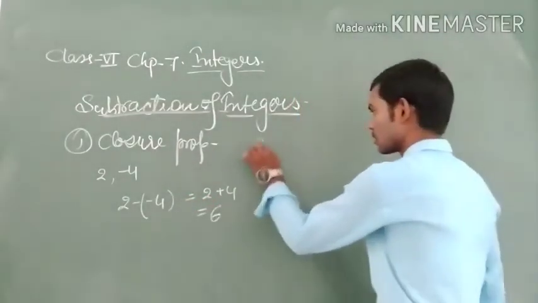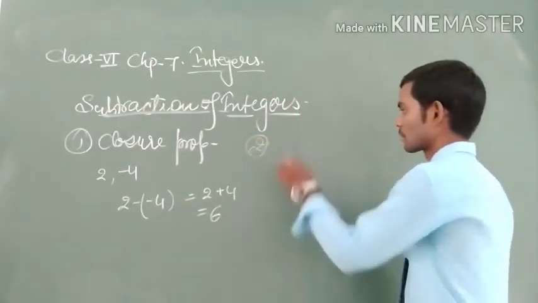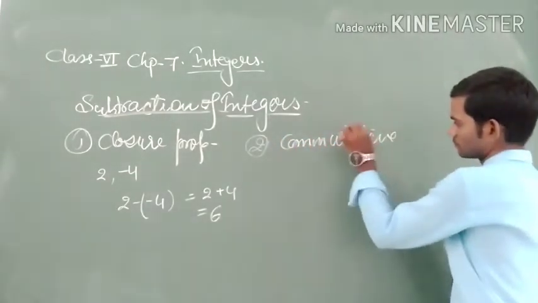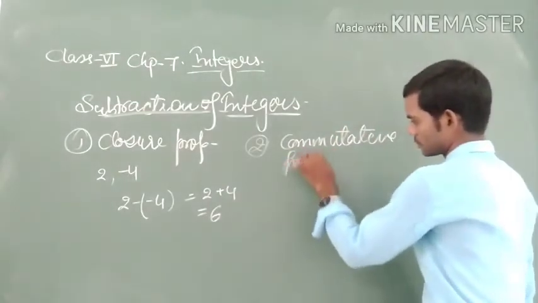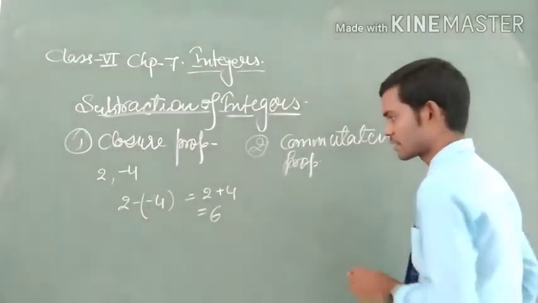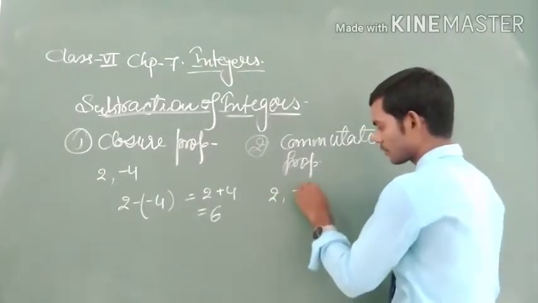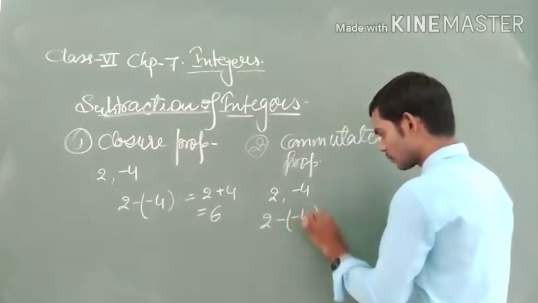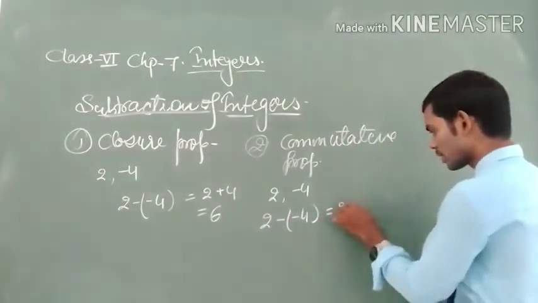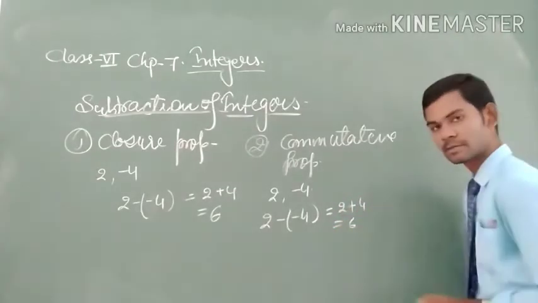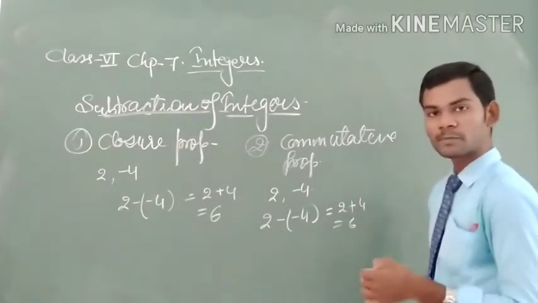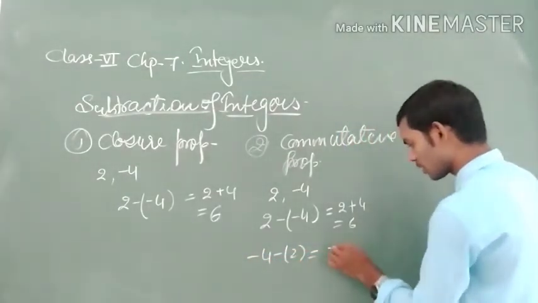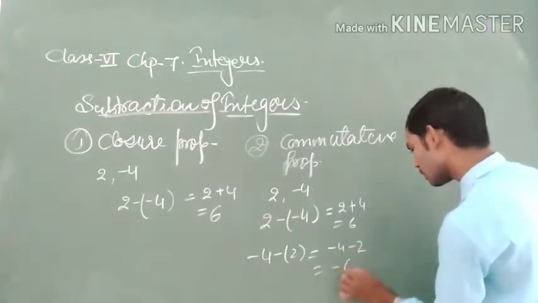The next is the commutative property. Let's take two numbers 2 and minus 4. If we subtract them, in the first case we get 2 minus (minus 4), which is equal to 2 plus 4, which is equal to 6. But if we change the places, like minus 4 minus 2, then this gives us minus 6.